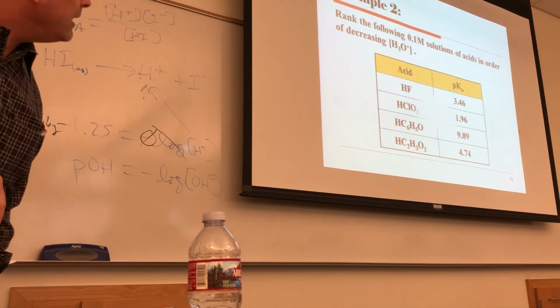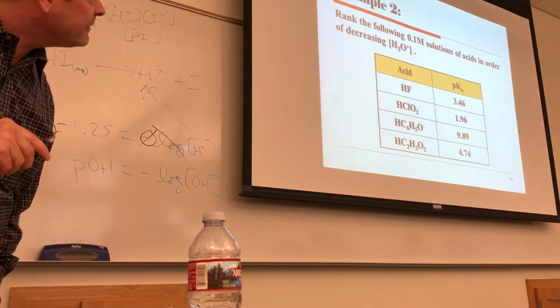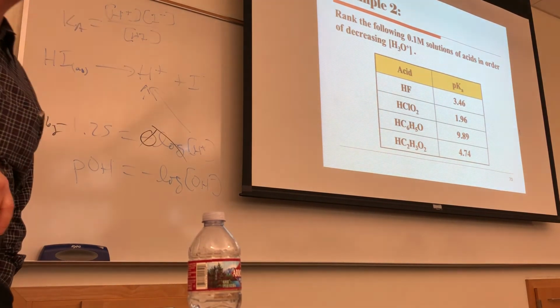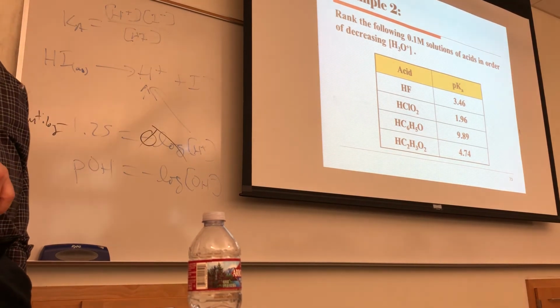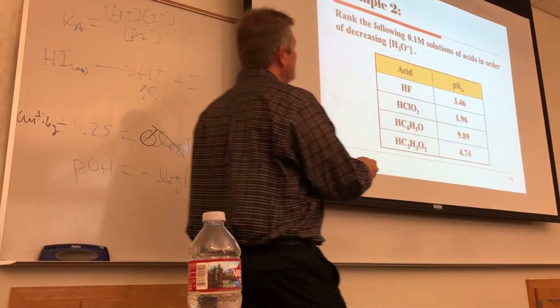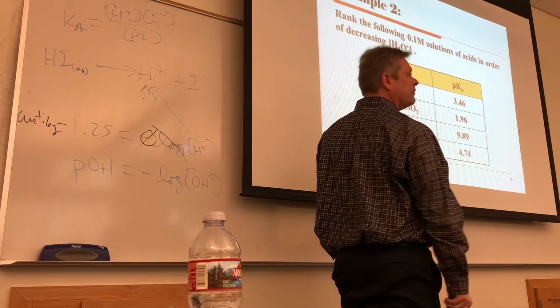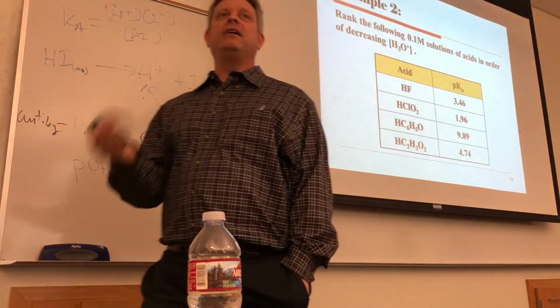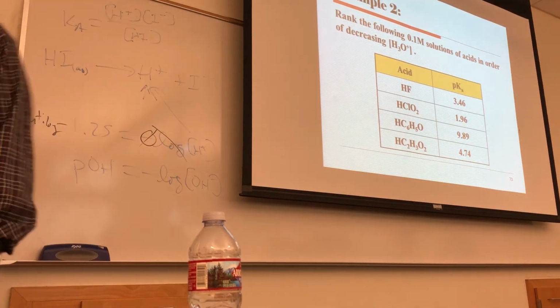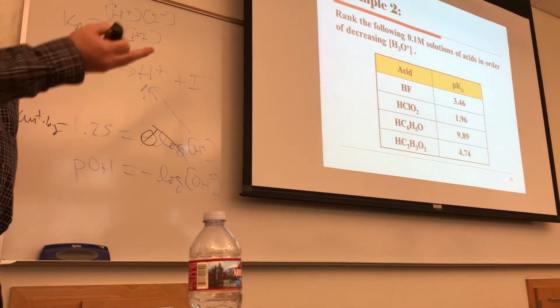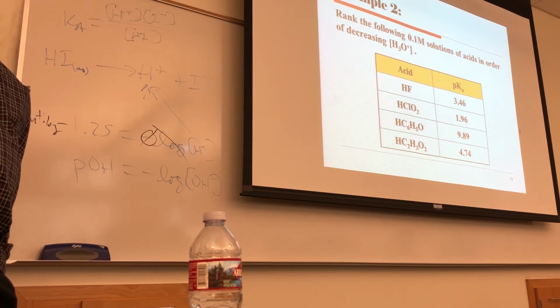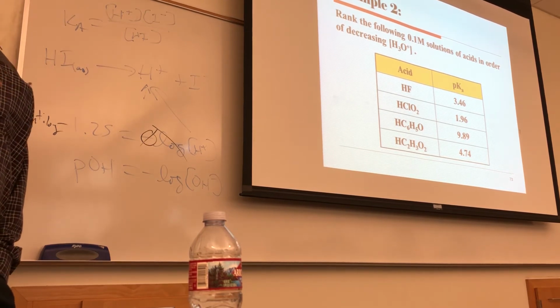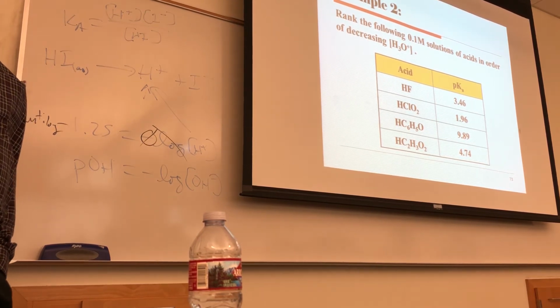Okay. Moving on. What do I have here? Rank the following. By the way, since it's up here, you see how the other group said 0.1 molar too? You got to be comparing the same concentrations, right? If I increase the concentrations, you would expect I'm going to have more H pluses, right? Or if I decrease it so much, I might not get any.